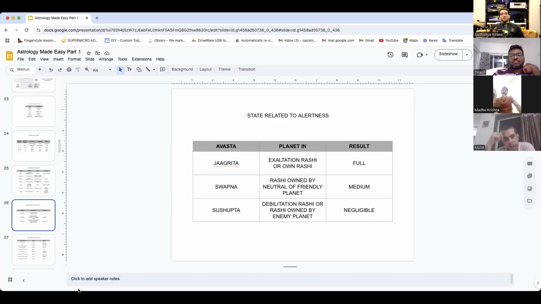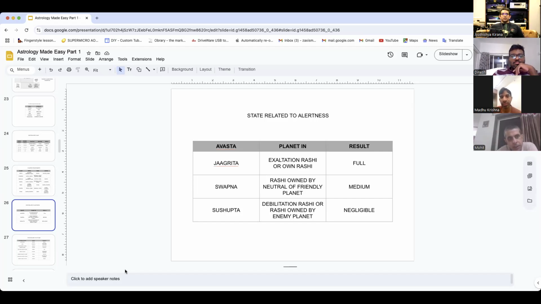But then in Sushupti, a deep state of relaxation, the graha is very relaxed and may not be able to translate anything in the real world because it is not Jagrata. But Sushupti is a very deep state of relaxation. Now you may ask, how does it translate? A graha in Sushupta Avastha, if very powerful, can make that person very relaxed in those areas of his life, because in Sushupta you are actually in deep relaxation.